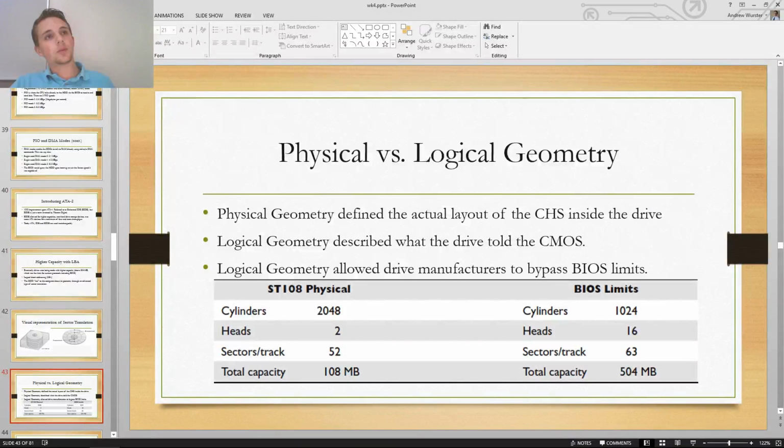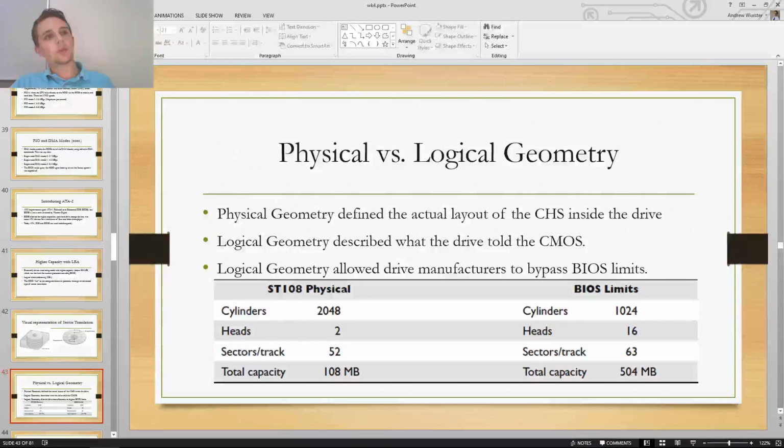The physical geometry is the literal configuration of the disk, and then there was a logical geometry, which is what the drive told the BIOS it was. The logical geometry is what allowed manufacturers to make larger drives.